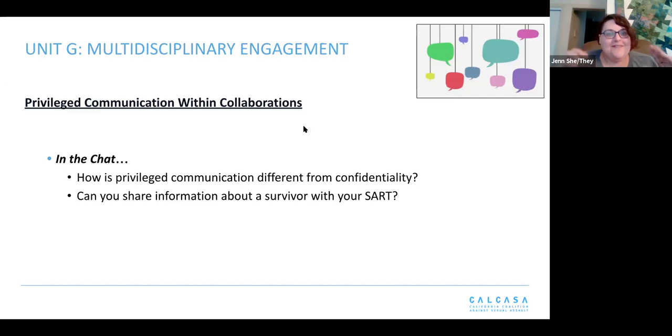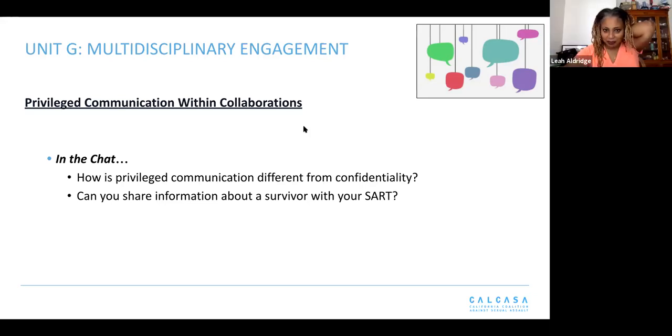But privilege is something I'm just now starting to tease out from confidentiality, and something we've been teasing out in our agency. So I don't fully understand it, other than that it gives us the ability to not have to share anything in court without that survivor's explicit permission. And we would have conversations around the helpfulness or harmfulness of sharing that with the survivor before we would respond to a subpoena or something.